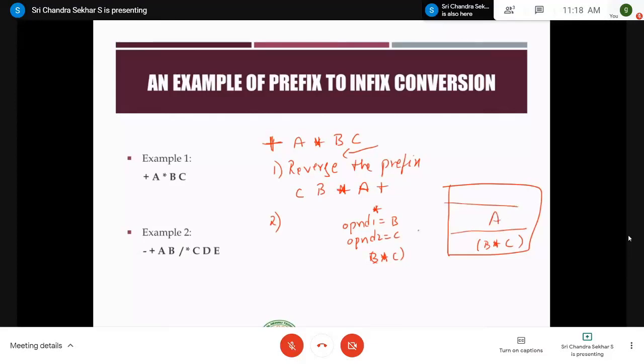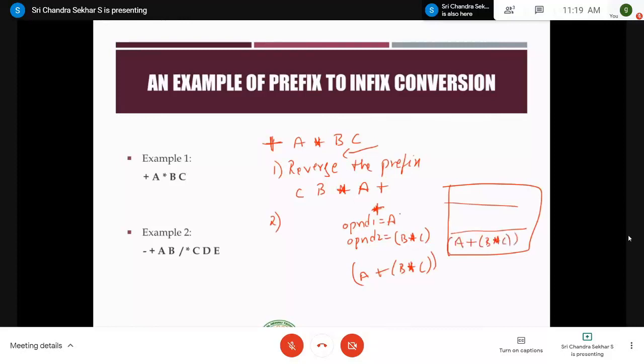The next symbol is plus, pop twice and place the first element as operand 1, which is A, and the second element as operand 2, which is B star C. You make the operation with plus, so it becomes A plus B star C. You put it in parentheses and push it onto the stack.